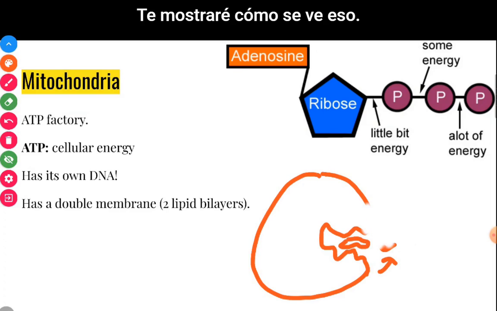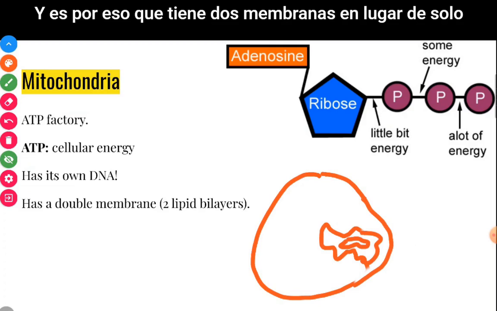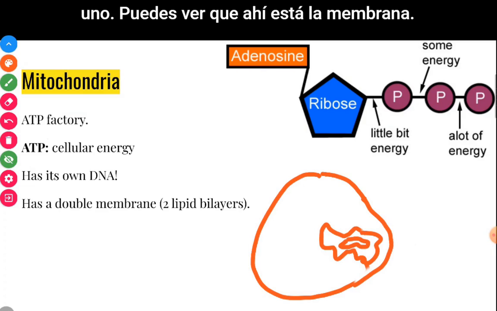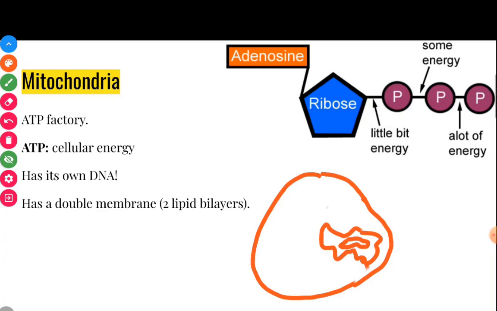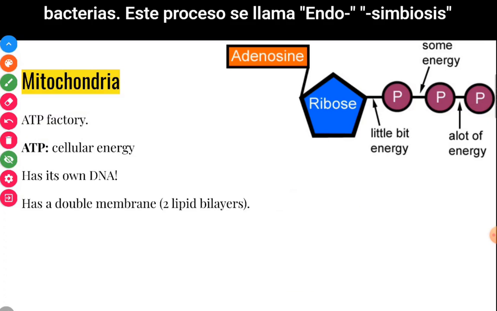I'll show you what that looks like. And so, that is why it has two membranes rather than just one. You can see that there's the membrane from the cell, and then there's the original membrane of the bacteria.